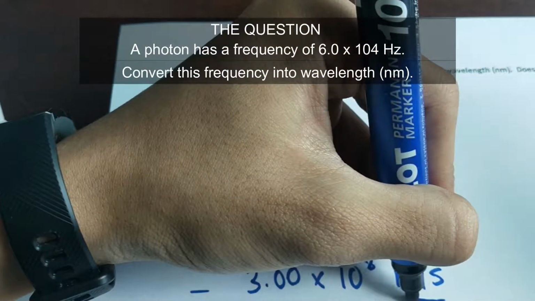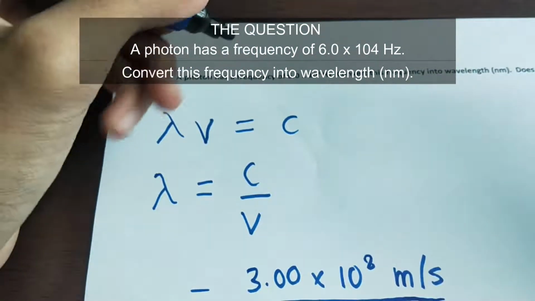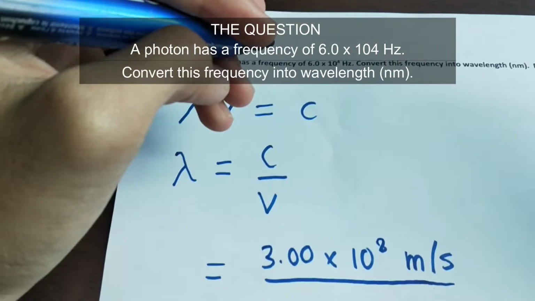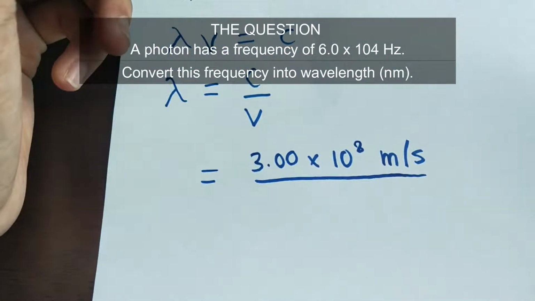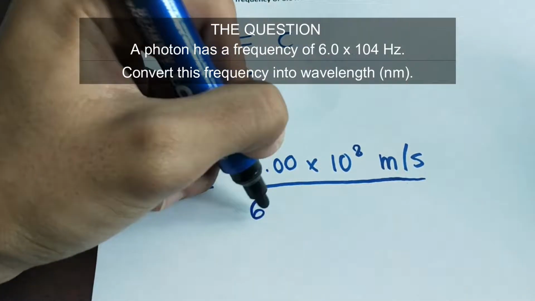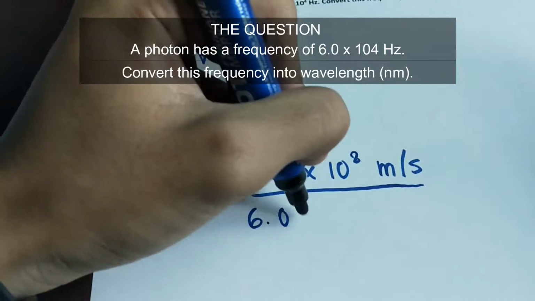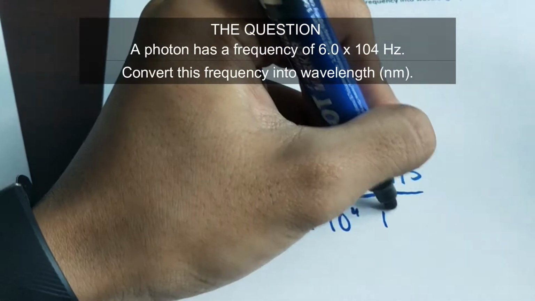So the speed of light has to be divided by the frequency, which is 6 times 10 to the power of 4 Hertz.